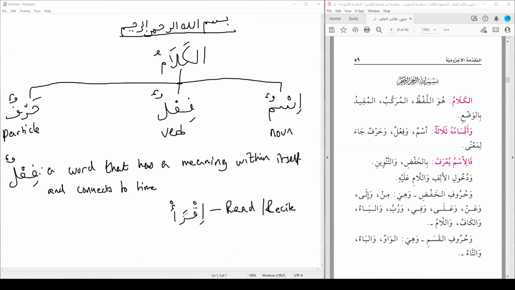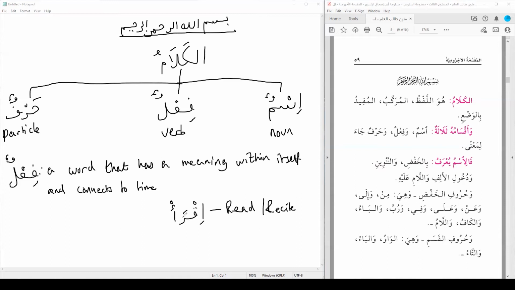Now, number one, is there a meaning there? Yes, there is. Because reading, you understand the meaning to read or recite something. It's an action, you take a piece of text and then you will read it. You look at the words and you will say them verbally together, or you will just recite it. This is the meaning of reading or reciting something.